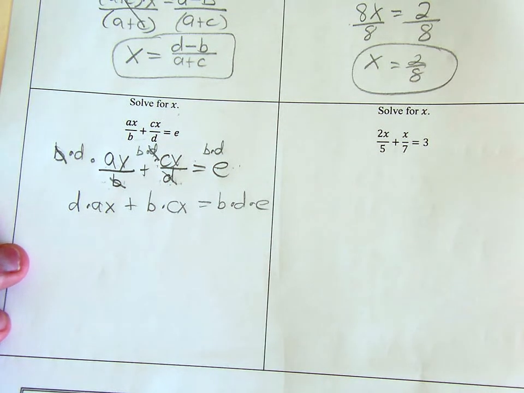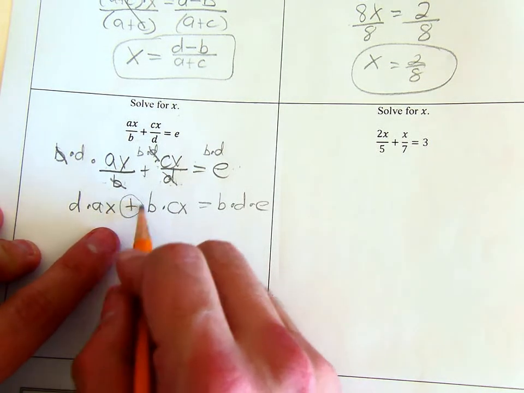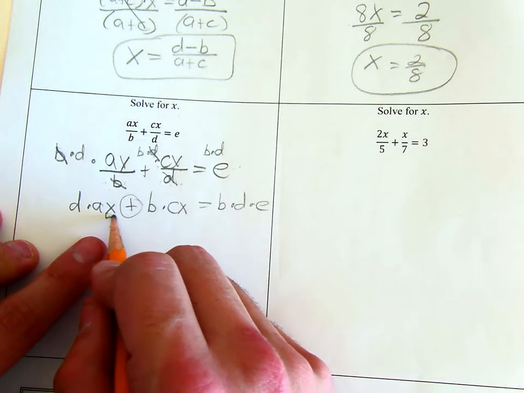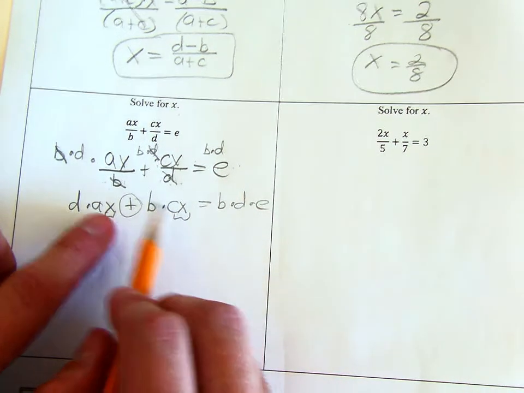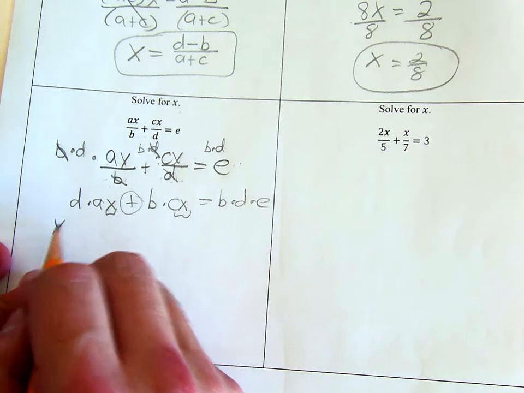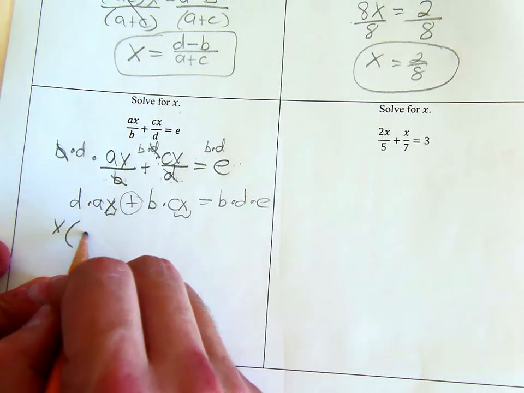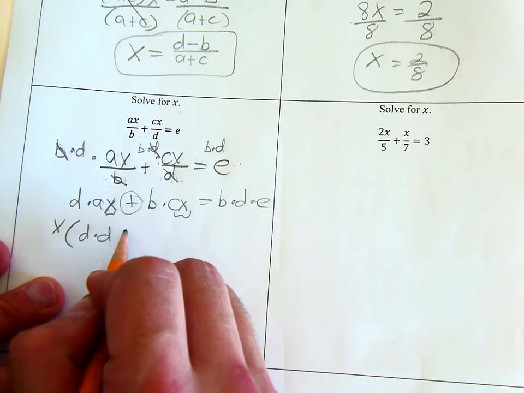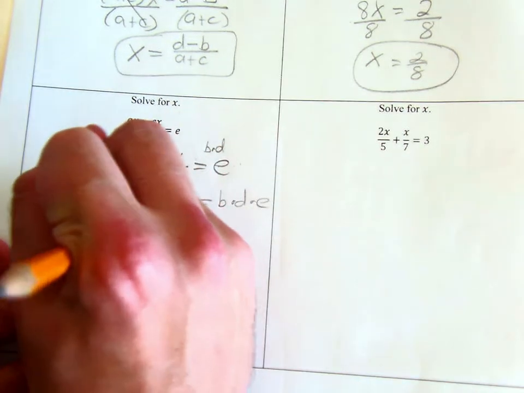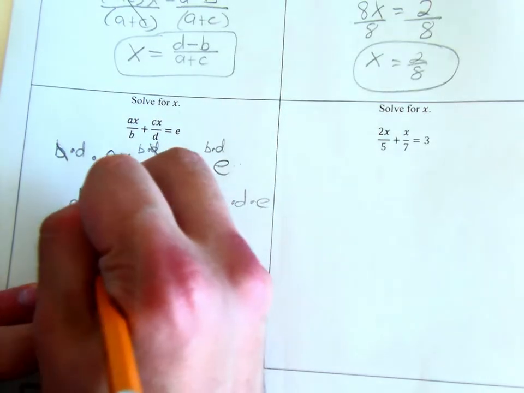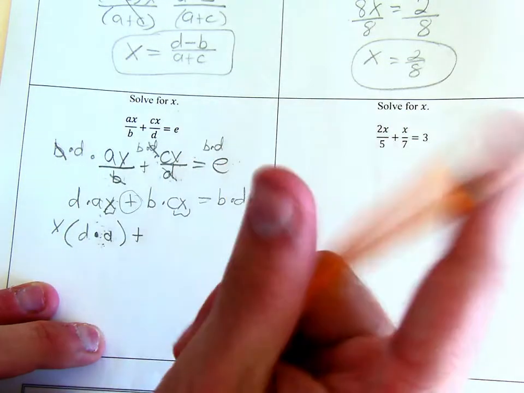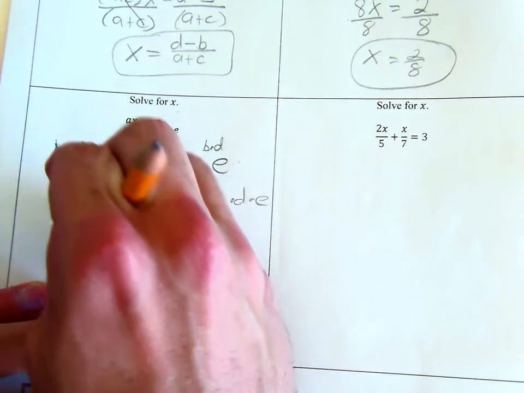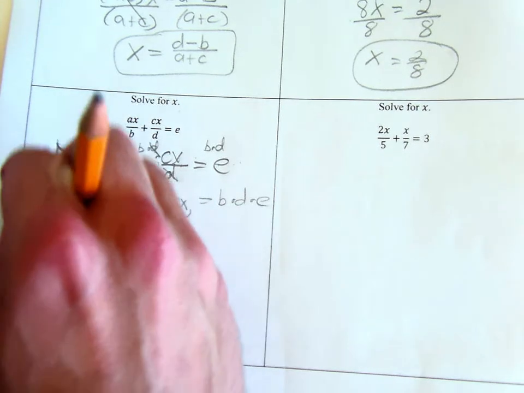So then I have x on this side and x in here. Since x is common in both, I want to factor it out. So let me just start over.